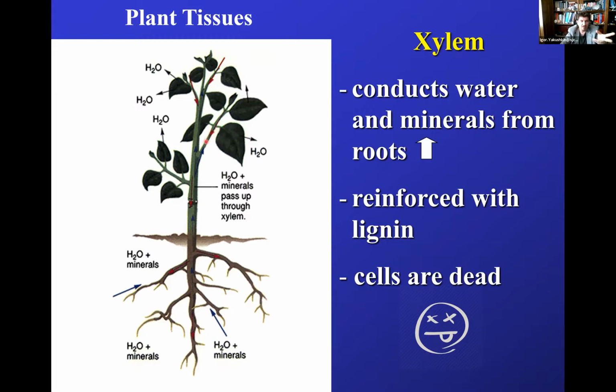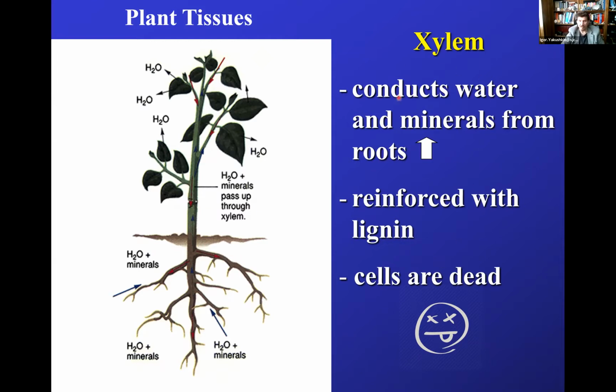Now the sugar will be traveling downwards, right? So to distribute throughout the body of the plant, because those cells are in need of the sugars as well, in need of food. So the red arrows right here showing you the movement of sugars, organic compounds, food, and that would be the phloem.